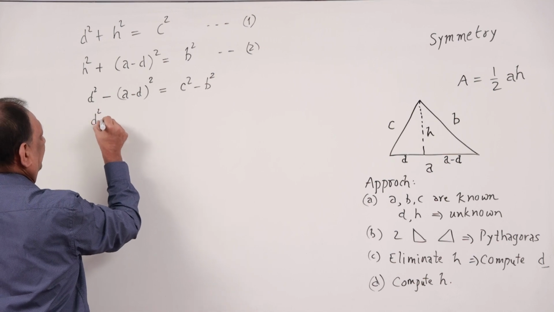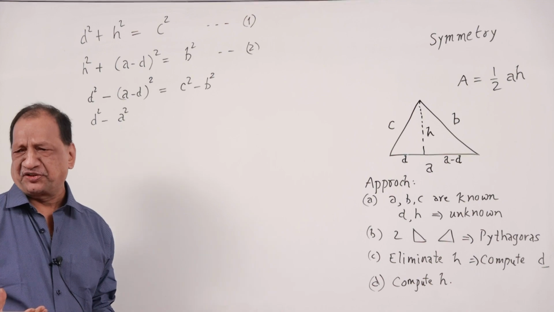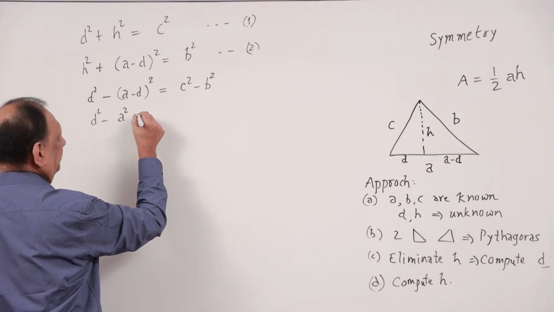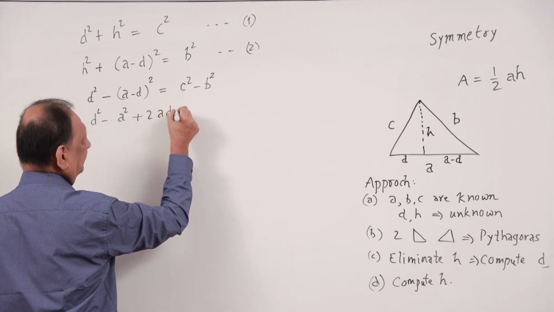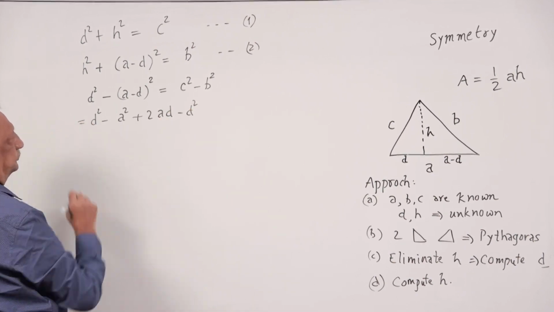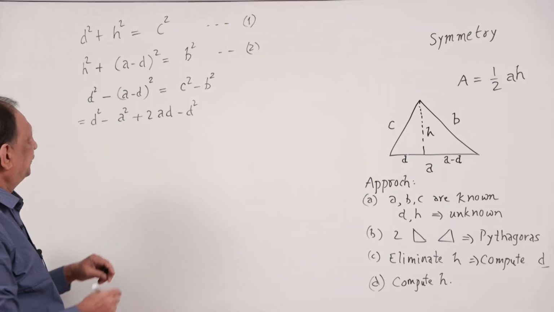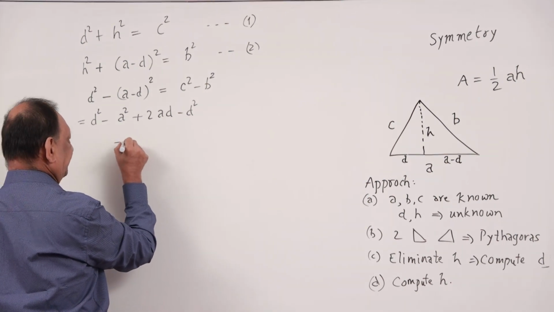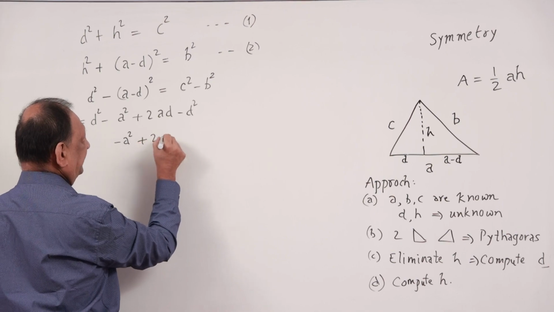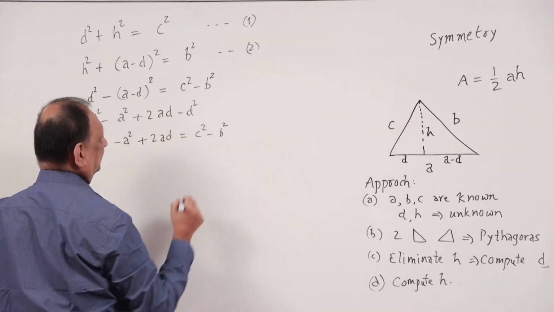D squared minus (A squared minus 2AD plus D squared) is minus A squared plus 2AD minus D squared plus D squared. Which means minus A squared plus 2AD is equal to C squared minus B squared.